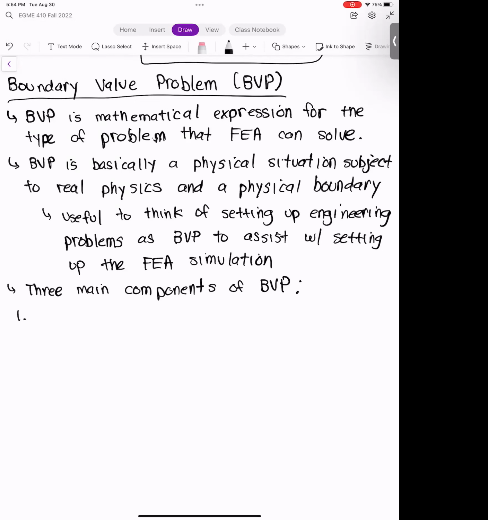All right, so the first component that we'll talk about is the domain. The domain is basically the what and where we're going to be solving our problem.